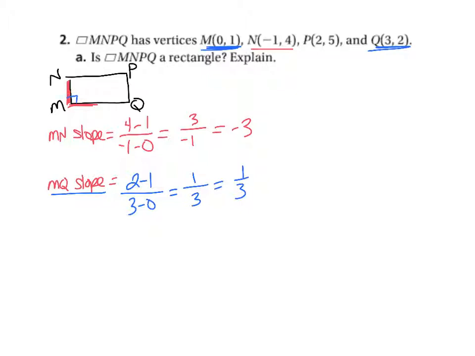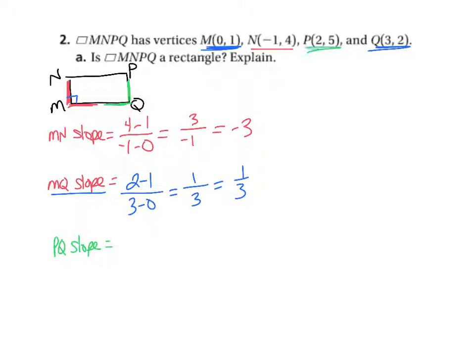right there. All right. Now what I'm going to do is I'm going to go ahead and do the same thing over here. I'm going to find out if this and this are perpendicular, because I've already done MQ, right? I already have that one. So now let's do PQ. Y minus y.